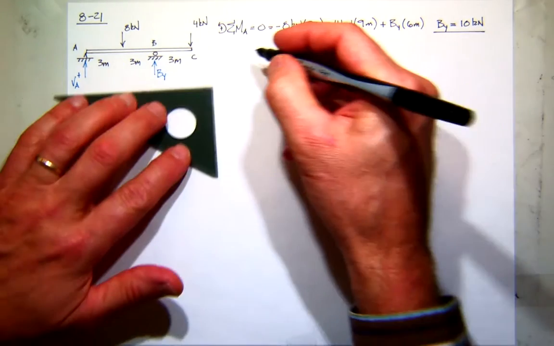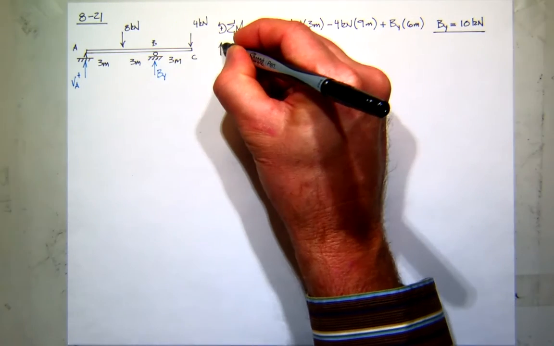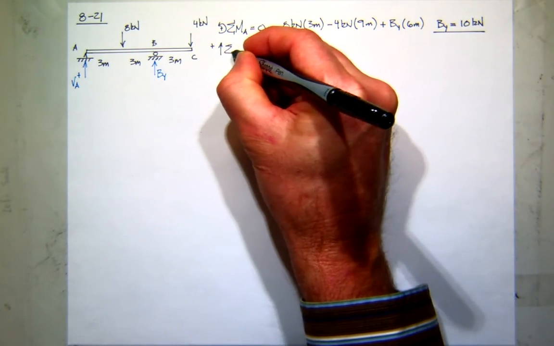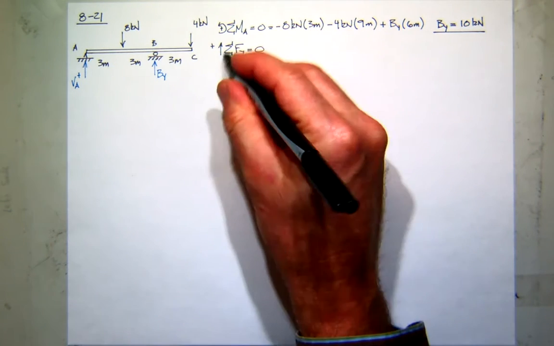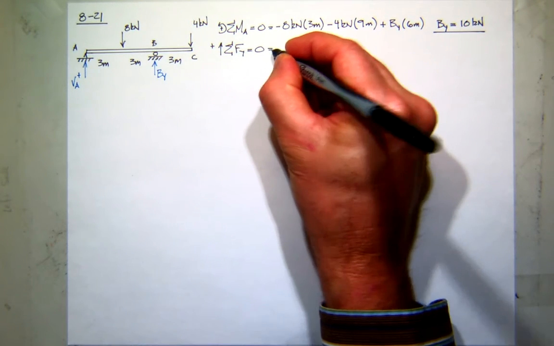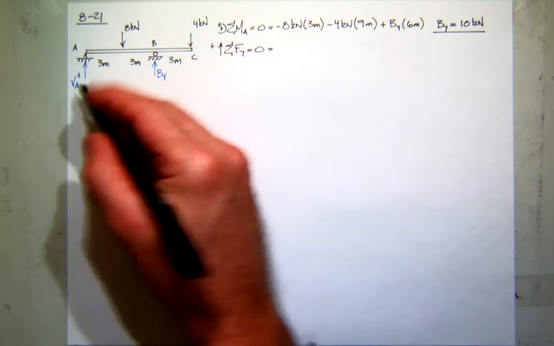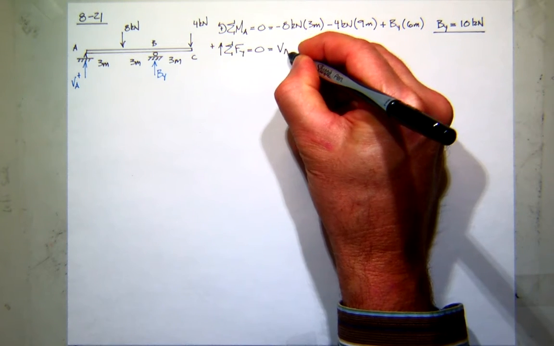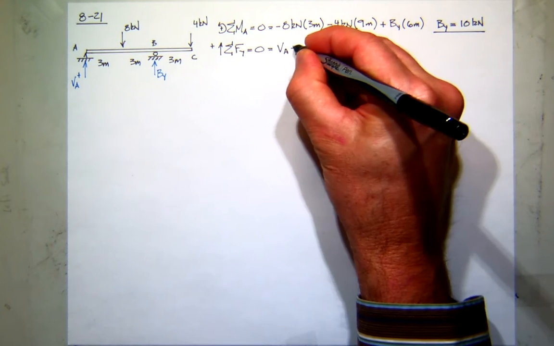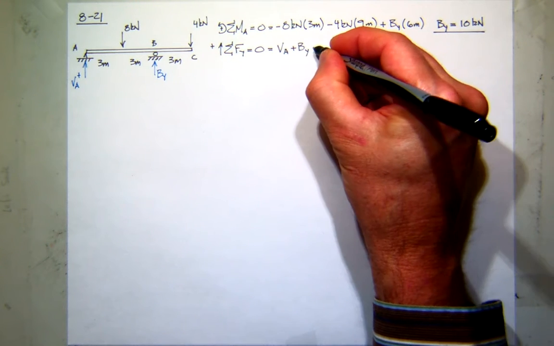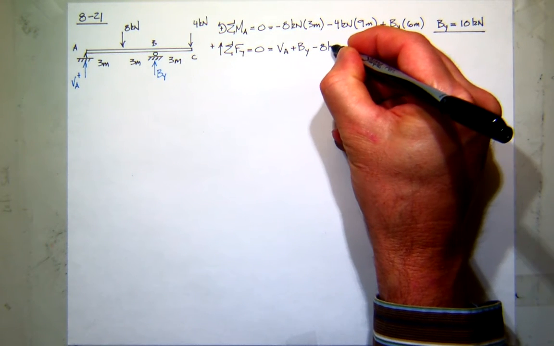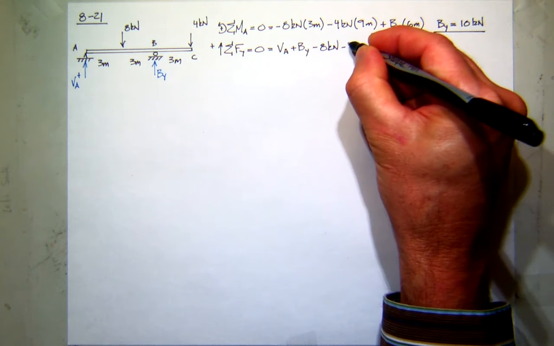And now we can find the shear at A by summing forces in the y direction and making sure they're in equilibrium. So with up is positive, I've got the shear at A acting up, my reaction at BY acting up, and then both these forces acting down. So minus 8 kilonewtons, minus 4 kilonewtons.